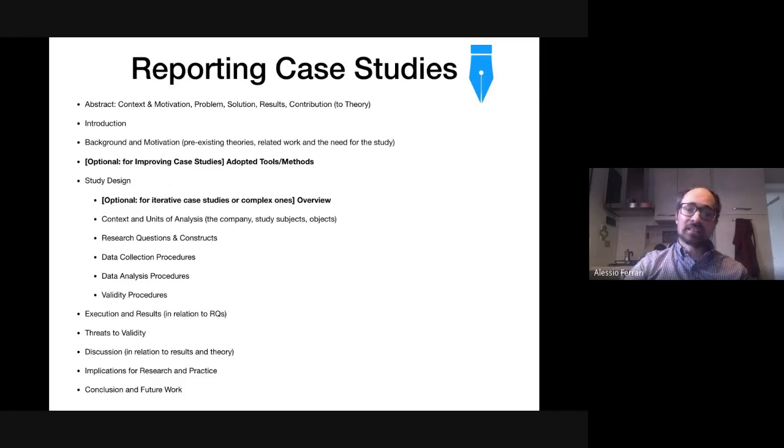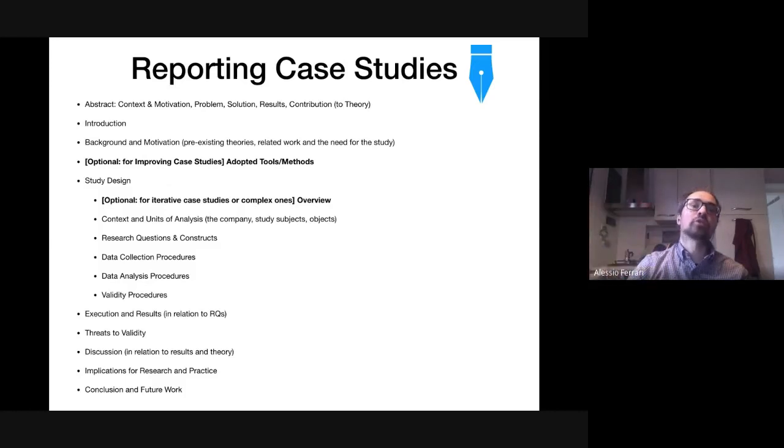Reporting case studies, the structure is this one. You find in the book a more detailed structure, but this is the context that you should always keep in mind. You write down an abstract that has context and motivation, problem, provided solution, the results that you have, and the contribution to theory.